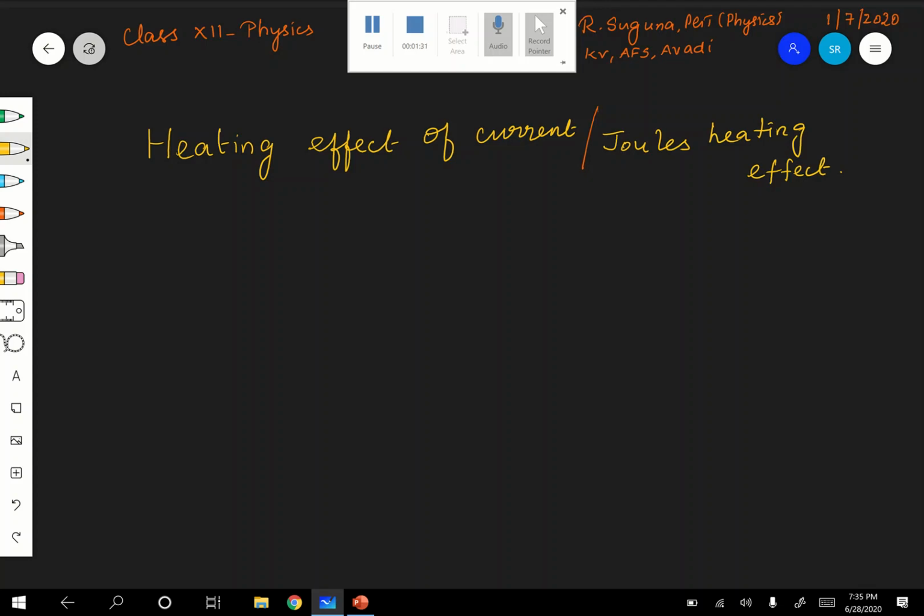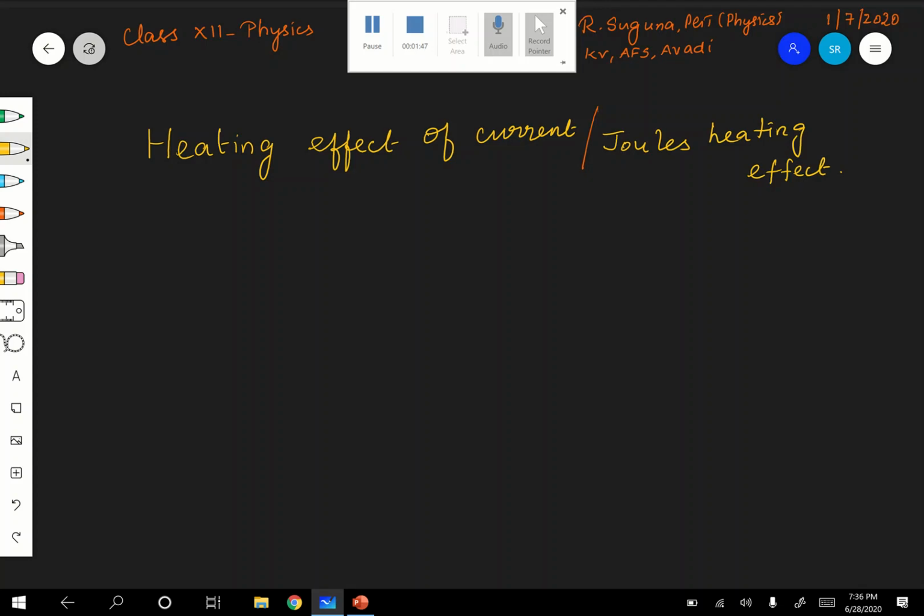This actually becomes the working principle of various electrical appliances we use in day-to-day life. Various electrical appliances, the principle is nothing but heating effect of current. Can you guess what they are?